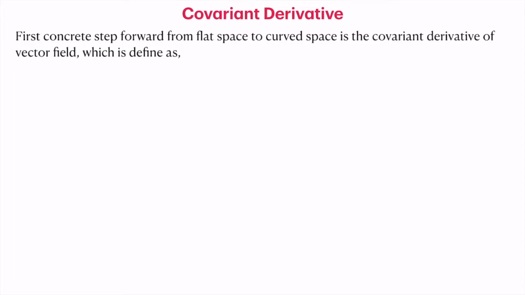First concrete step we have taken forward from the flat spacetime to curved spacetime is the covariant derivative of a vector field. The covariant derivative of a covariant vector field is given as del alpha t beta is equal to dt beta by dx alpha minus gamma sigma alpha beta t sigma, and the covariant derivative of a contravariant vector differs only by the sign by which it is added here.